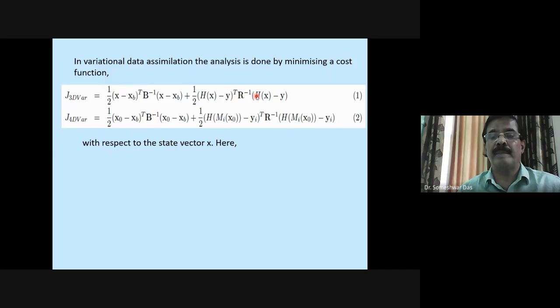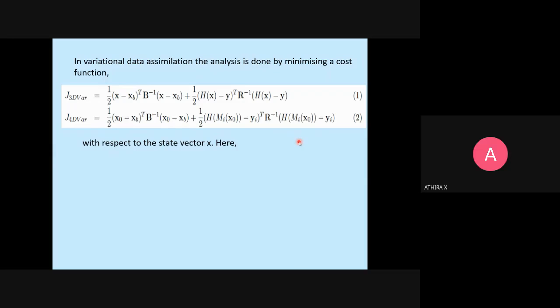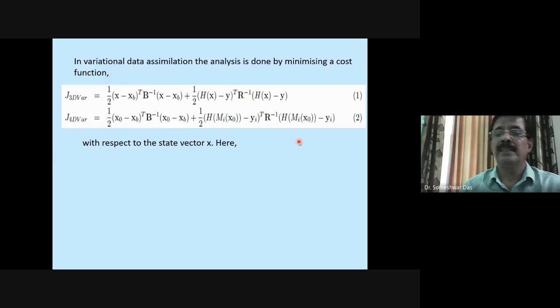Do you remember yesterday we were talking about the observation operator? You remember that? Yes, sir. So this is the only difference between 3D-Var and 4D-Var. You have got this term, and this term is used to accommodate the extra observations in the stretched time window while your model is getting integrated with respect to the state vector x.